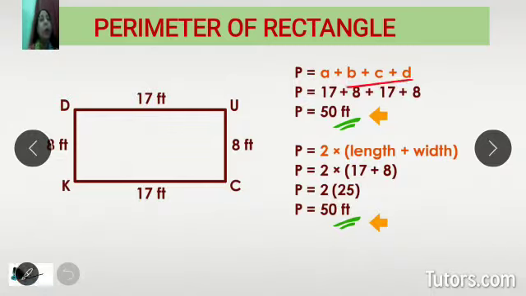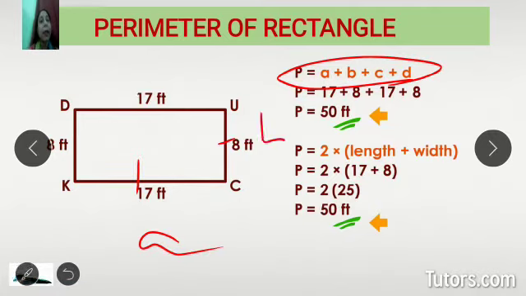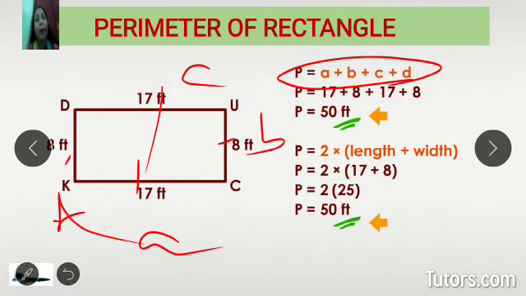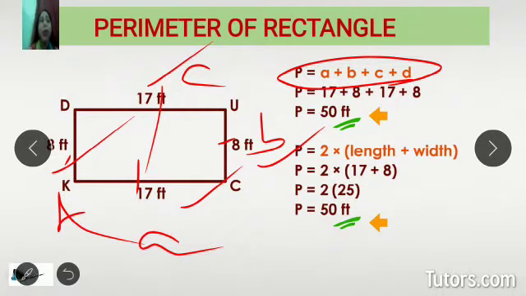Suppose this is side A, this is side B, this is side C, and this is side D. You just add those sides, A plus B plus C plus D. So A is 17 feet, B is 8 feet, C is 17 feet and D is 8 feet.